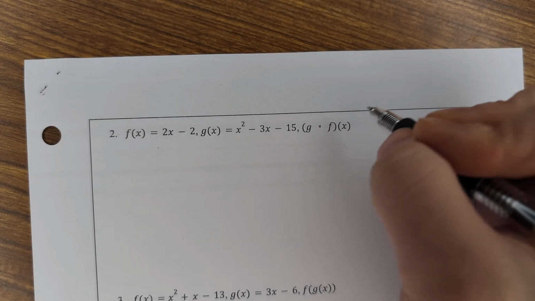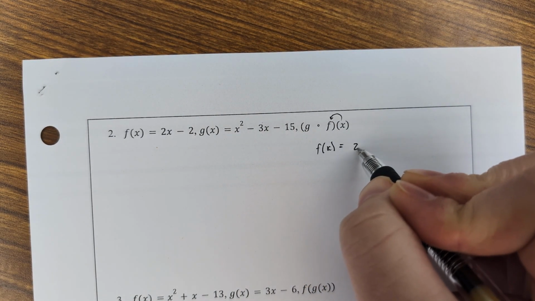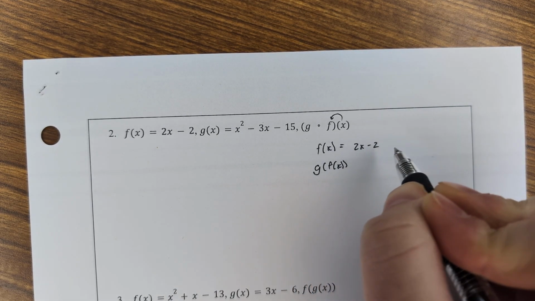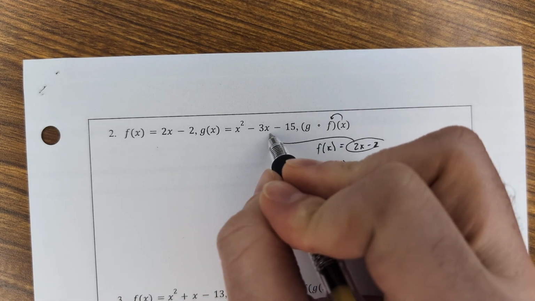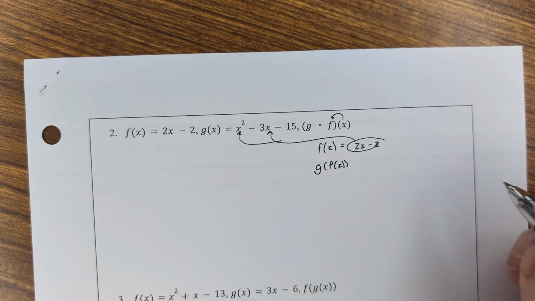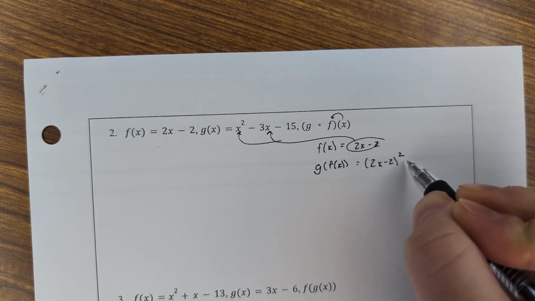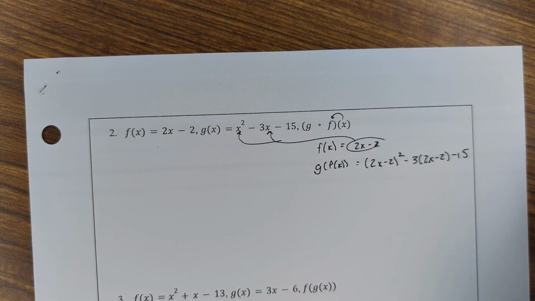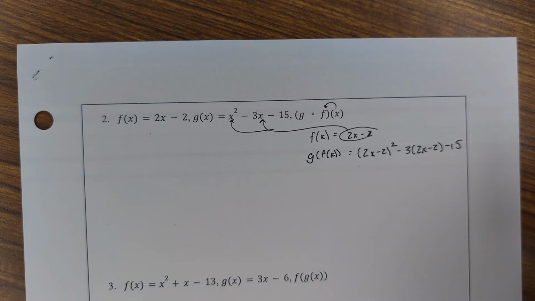Number 2 here. x goes into f, same thing as before. f of x is 2x minus 2. So g of f of x means take this into any x's in g, and that's twice here and here. So (2x minus 2) squared minus 3 times (2x minus 2) minus 15. This would also be a good place to get in the habit of putting parentheses around your substitutions.